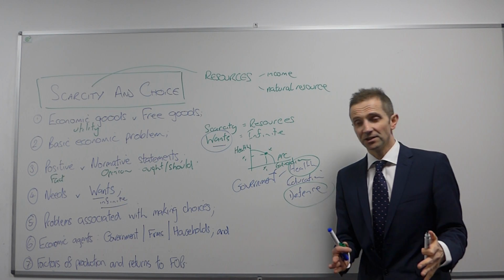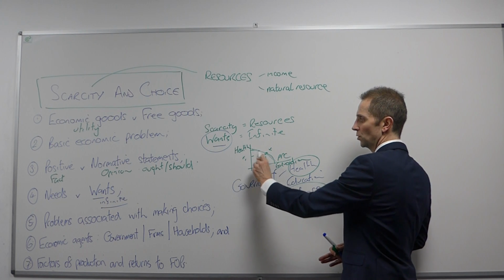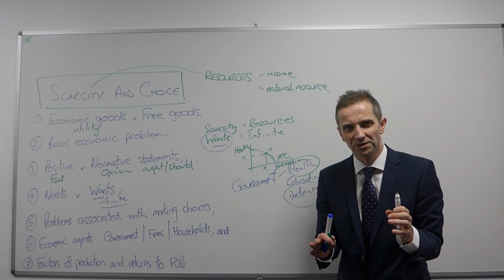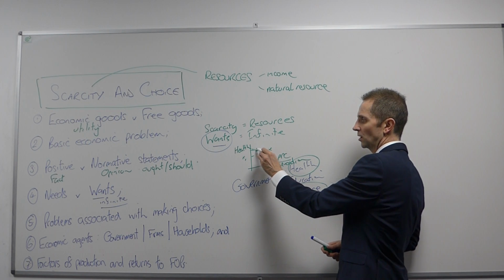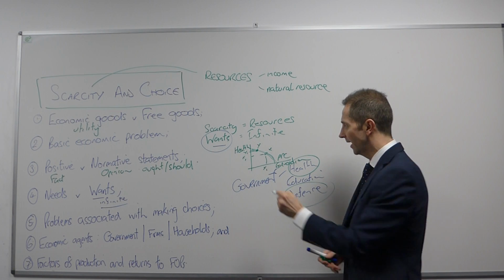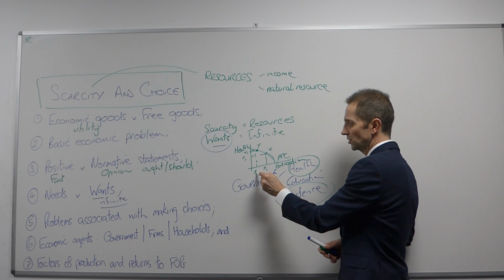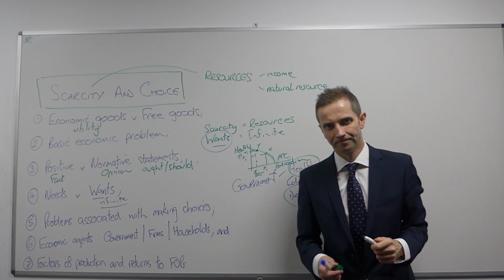If the government decides to pump more money into health, well, the PPC shows all of the government's resources, the maximum. And so if we decide to go to Y, where we've got Y1 of health, so we've got more healthcare, but then as a consequence of that, we have to reduce the amount of education.